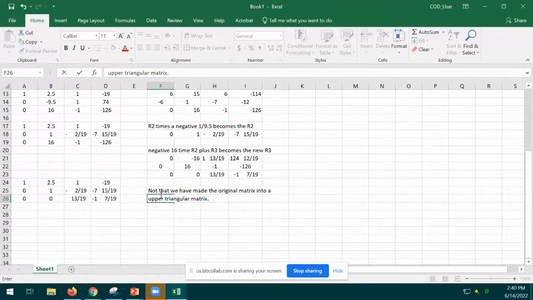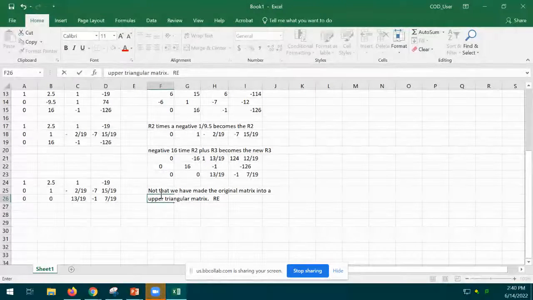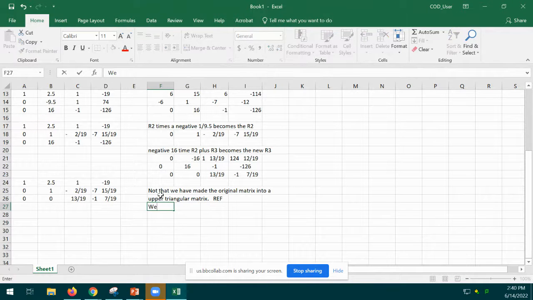And we have a name for this. We haven't talked about it yet, but we're going to call this row echelon form. We will talk about this. So you want to do this, and we now can solve this. Okay. Now I am writing this down, and then we're actually going to solve this, because we can solve it once we have something in an upper triangular form.